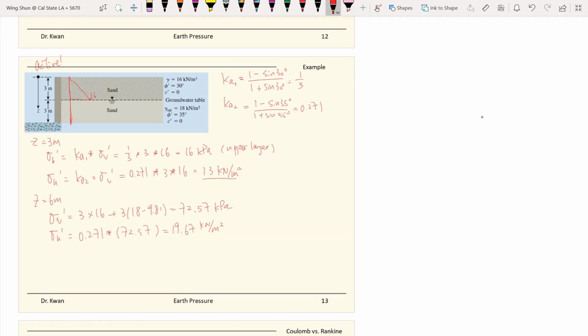So this is how the K value affects the stress for the first layer. So here will be 13. And then at 6 meters, this is the stress belonging to both the first and second layers. So here is 19.67.